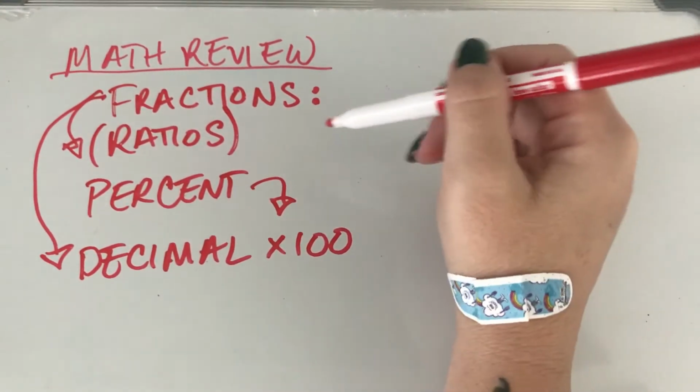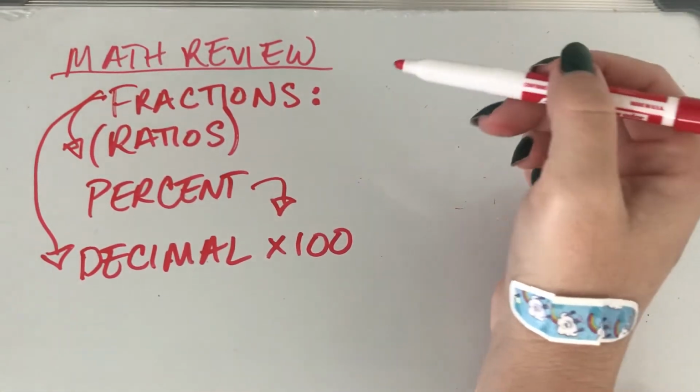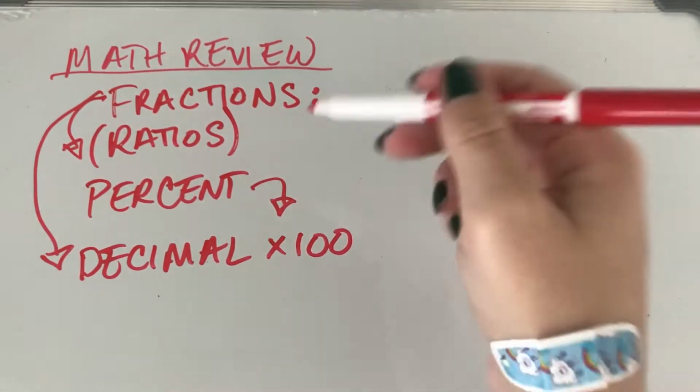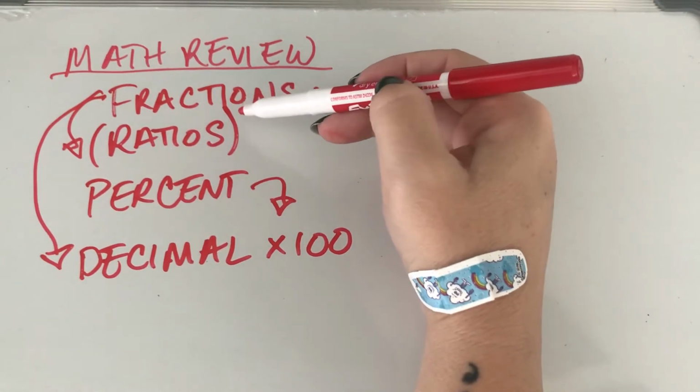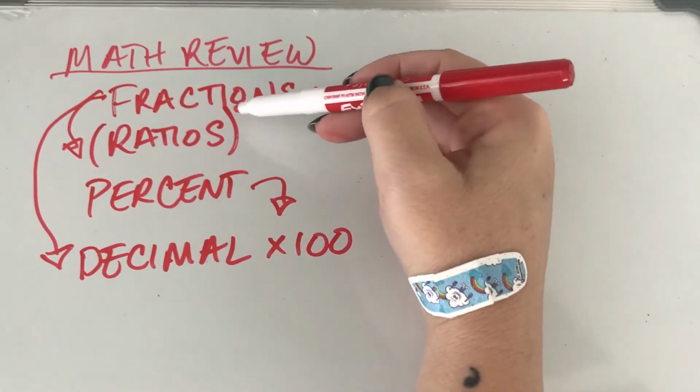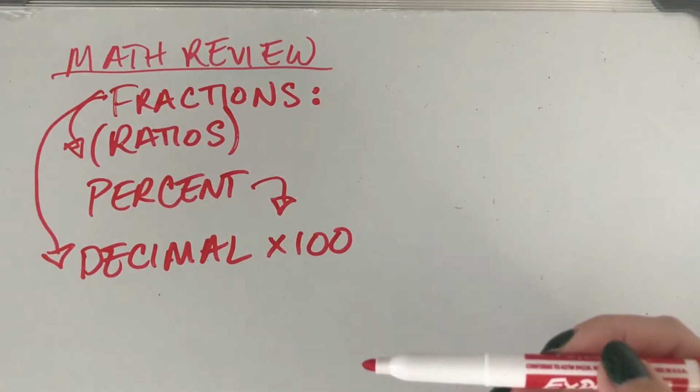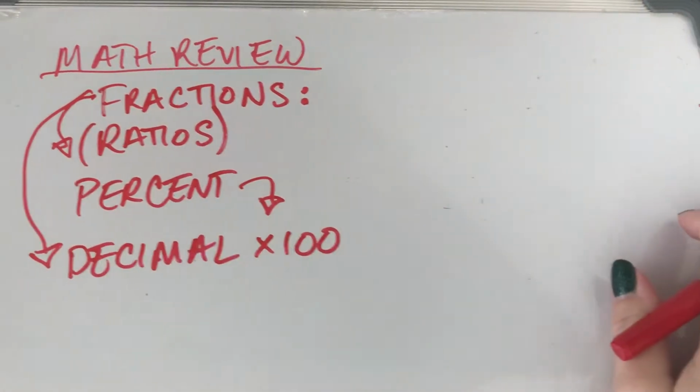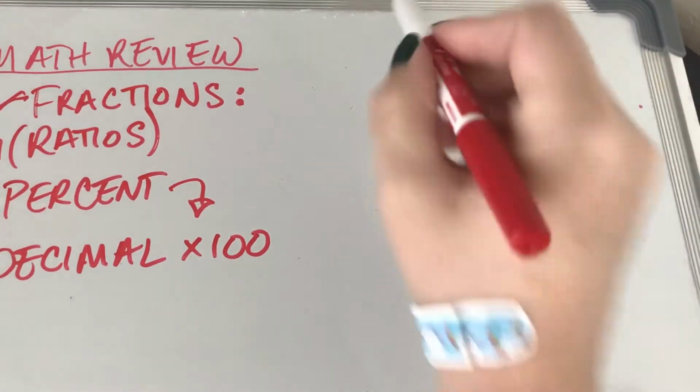I don't know which one's fancier, but they're the same thing. So just be aware that the way I'll be using that language, these are all basically interchangeable, okay? So let's do fractions.